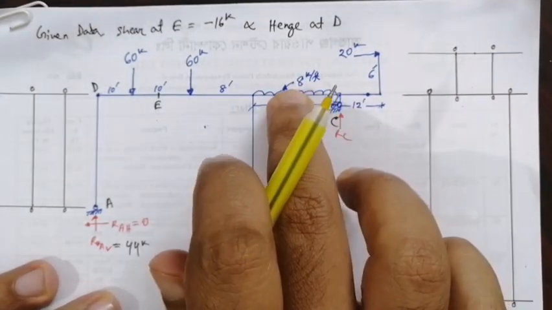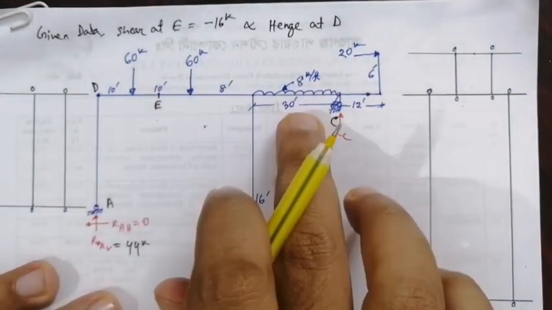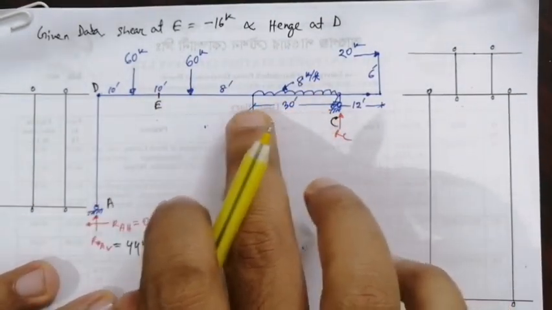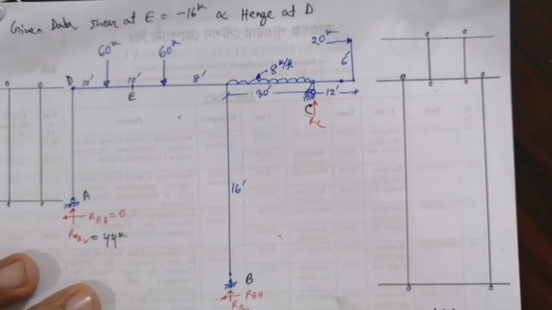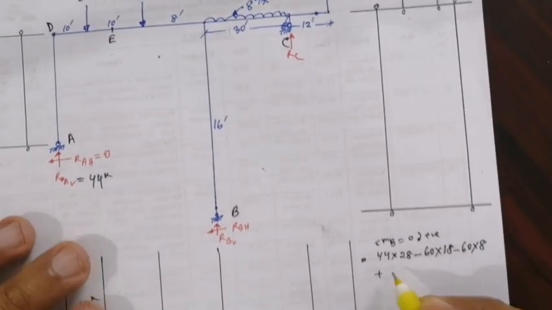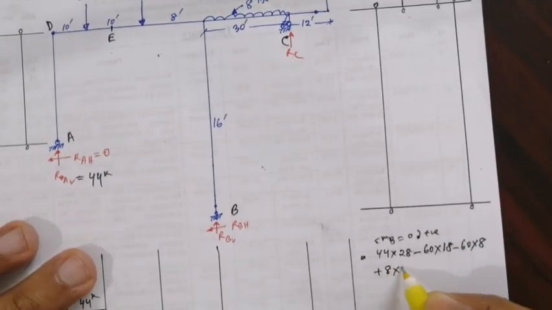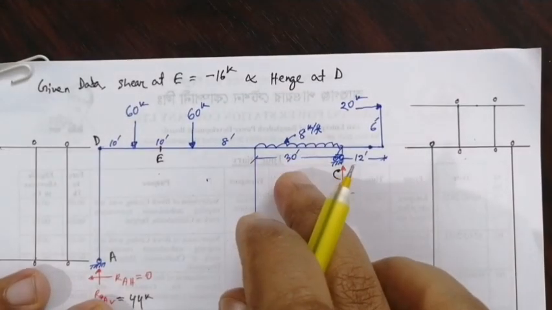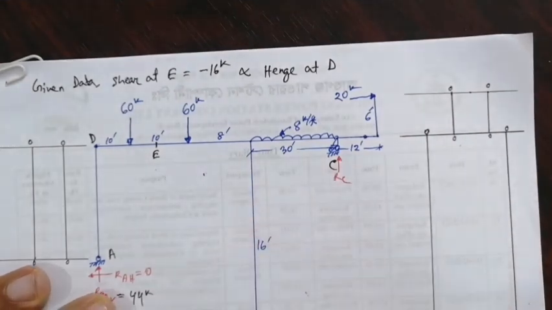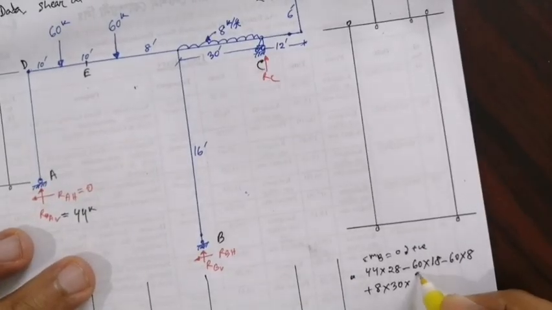This distributed load of 8 kip per foot, clockwise positive, acts through this 30 feet, so plus 8 into 30, acting at the middle, so 30 divided by 2.